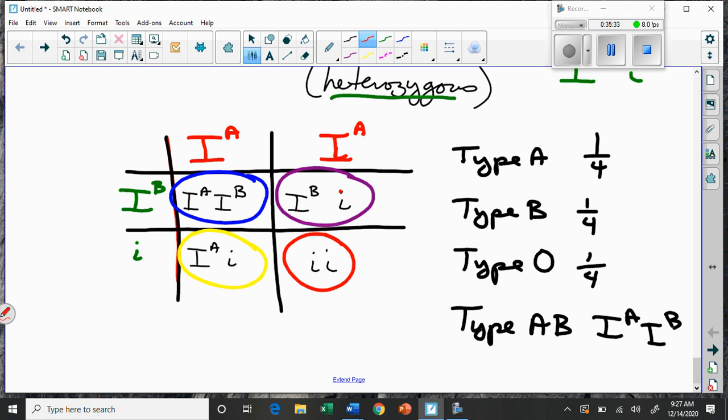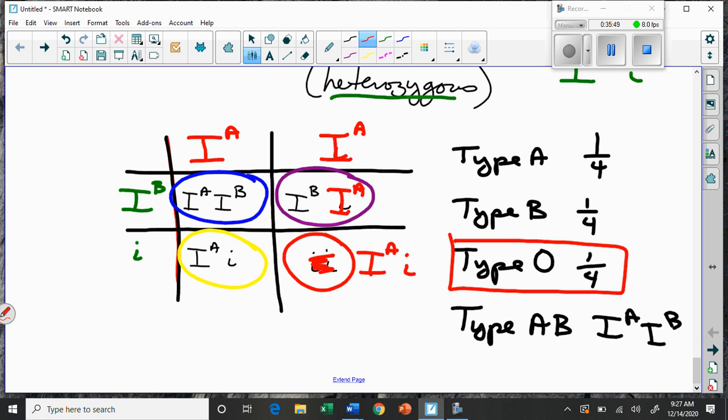This would have to become this situation, and this one would turn into this situation. And so it would be impossible for this particular cross to produce type O blood.